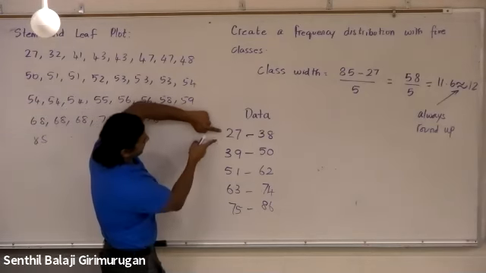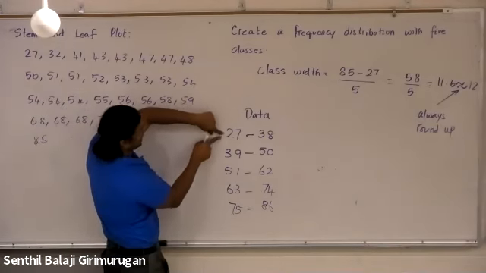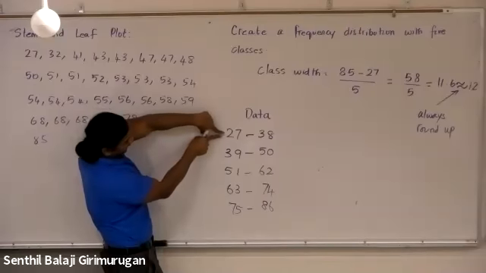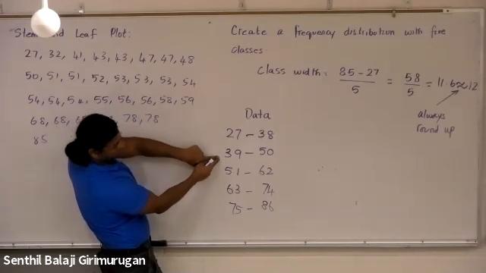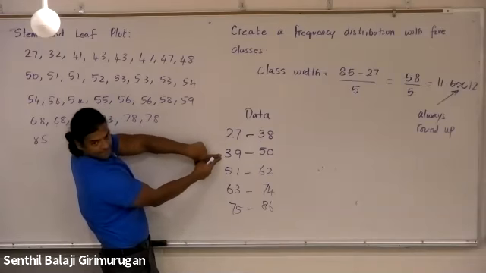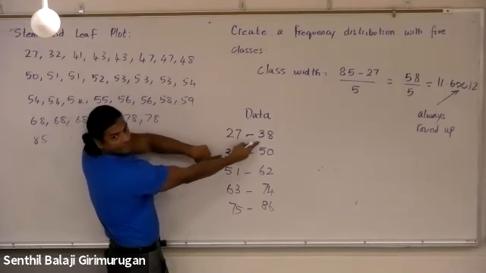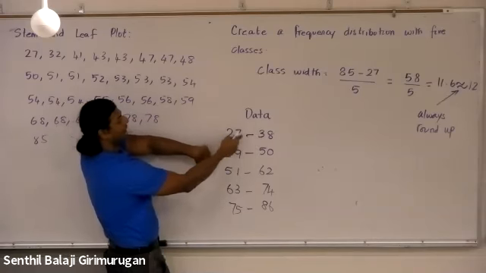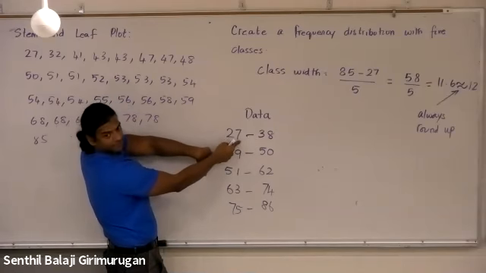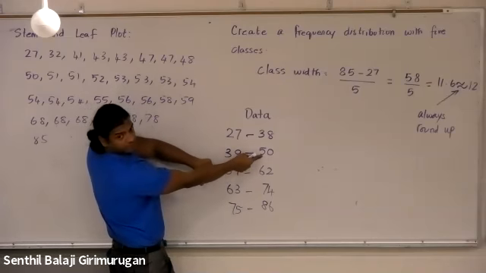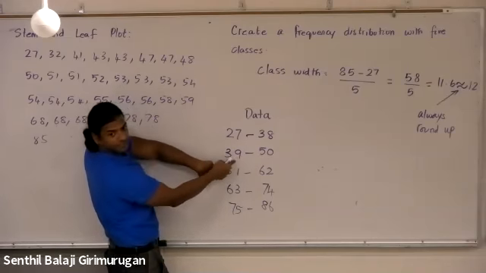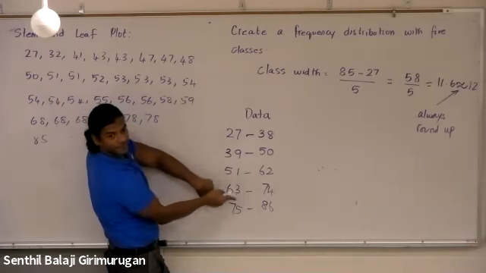The book adds 12 as we go from class to class in the lower limit. Over here, since I started at 39, I have to go 1 less than 39, which is 38. So what is the difference between these two? That's 11. When you go here, 1 less than 51 is 50, and you have 11. Same thing.